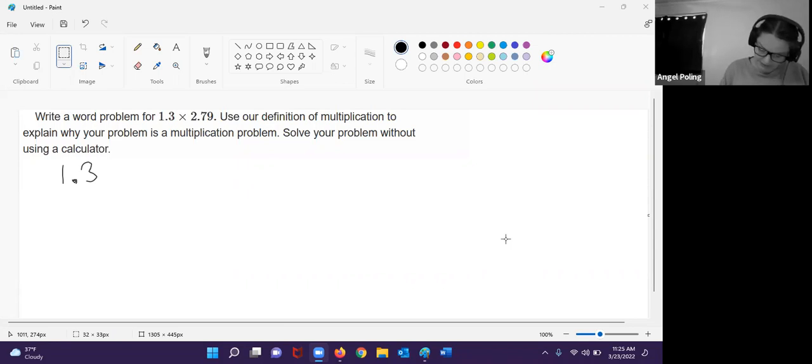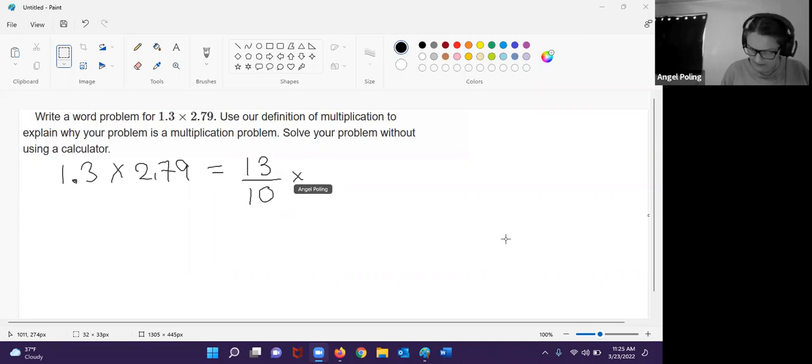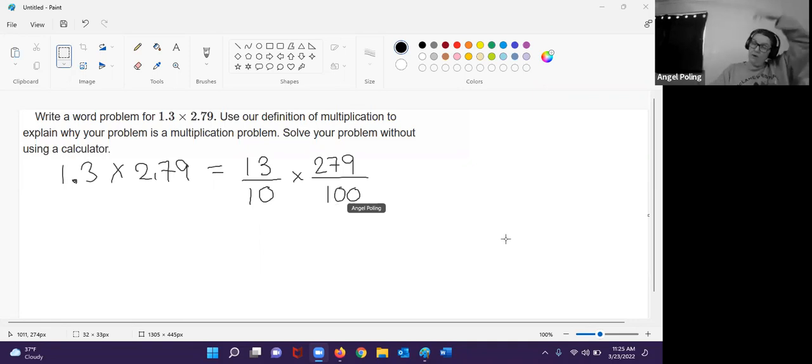Okay, so 1.3 times 2.79 is the same as 13 over 10 times 279 over 100, because we have not 1.3 tenths, but 1 and 3 tenths.